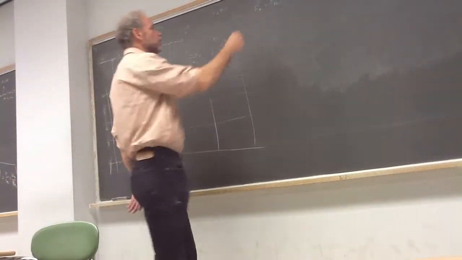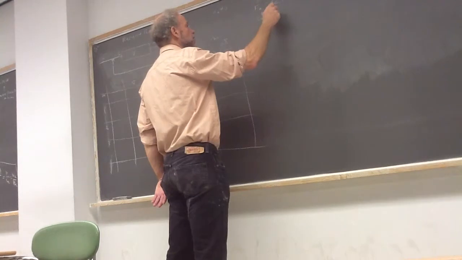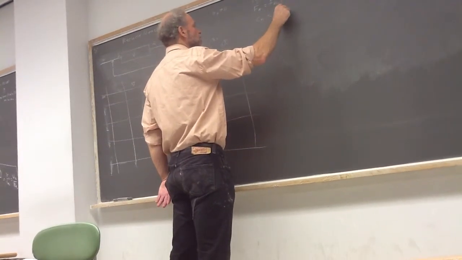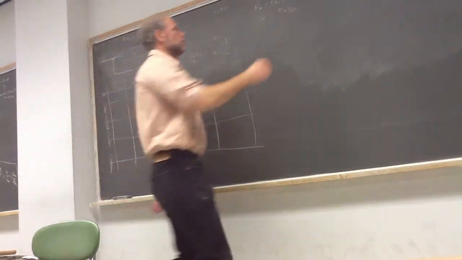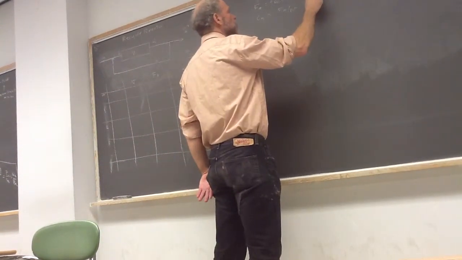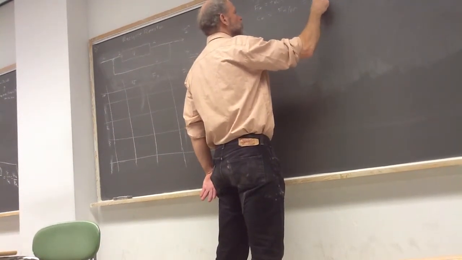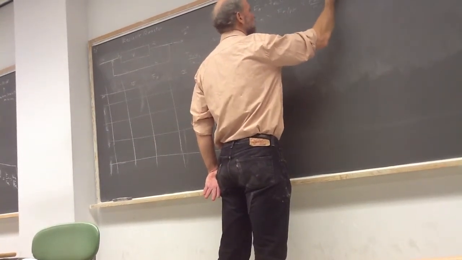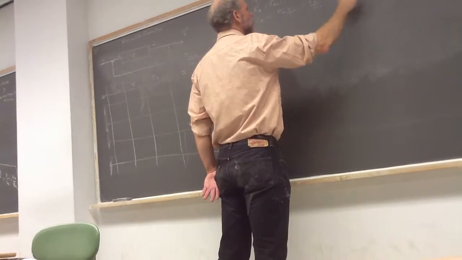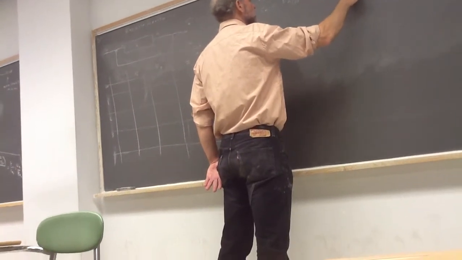Okay, and we also know that CA is equal to FA over V. So that's equal to FA0 over V0, times 1 minus XA over 1 plus epsilon A XA.